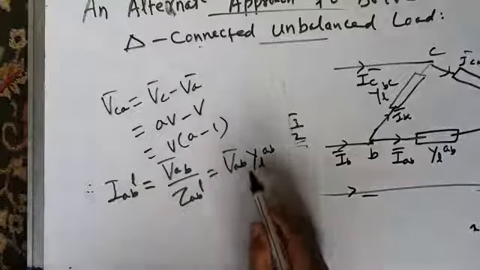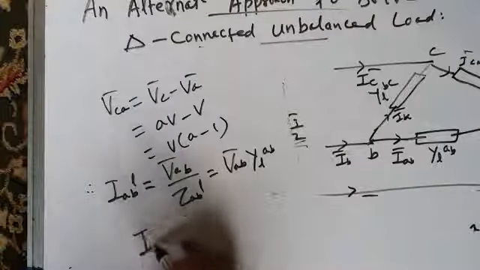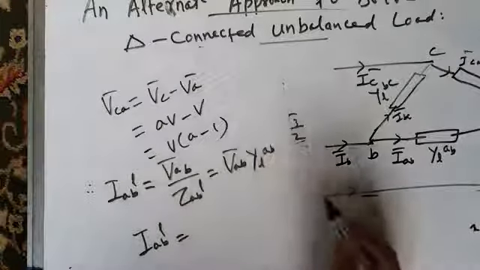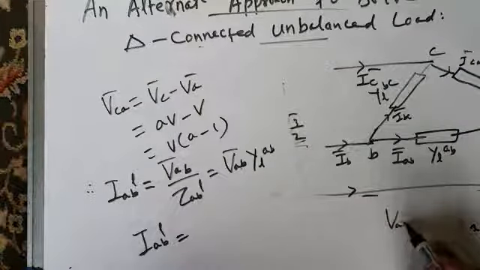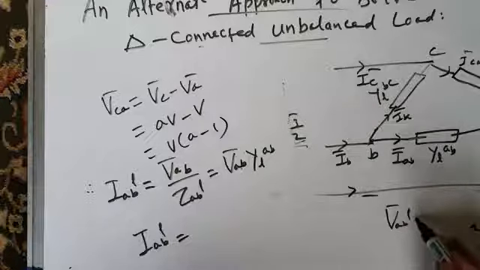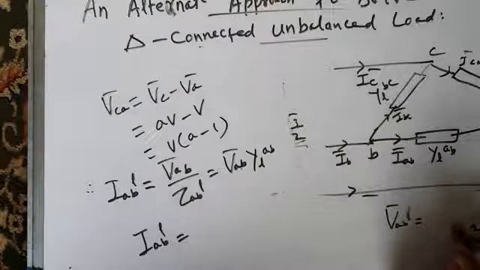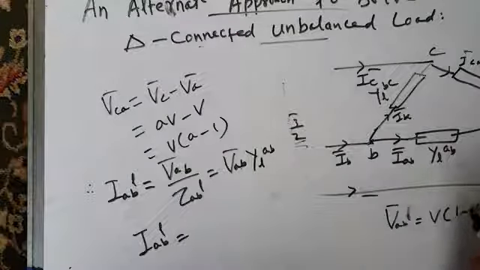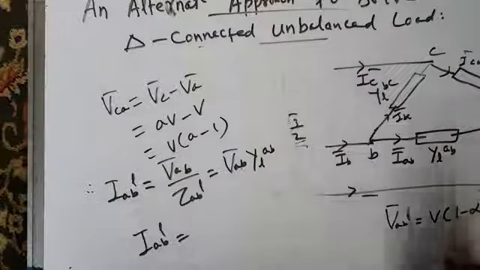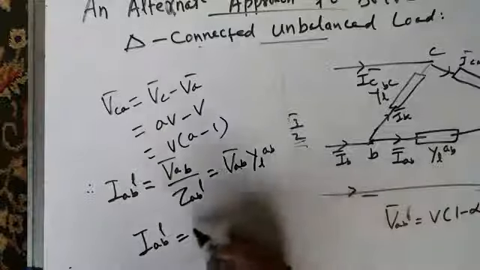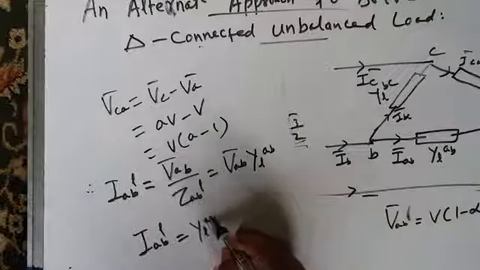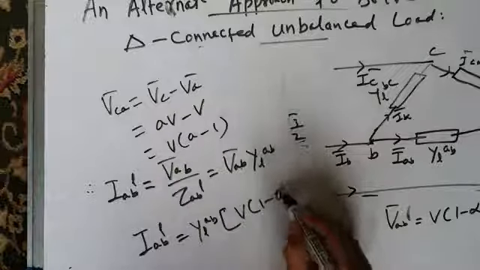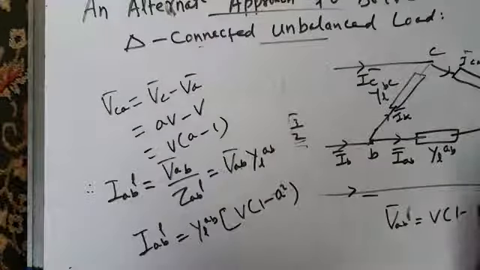You already found this VAB just a few moments back, the line voltage VAB. What was that equal to? We found that it was V times (1 minus A square). So you can substitute it here. It will be YLAB into V into (1 minus A square), not alpha, A: 1 minus A square.